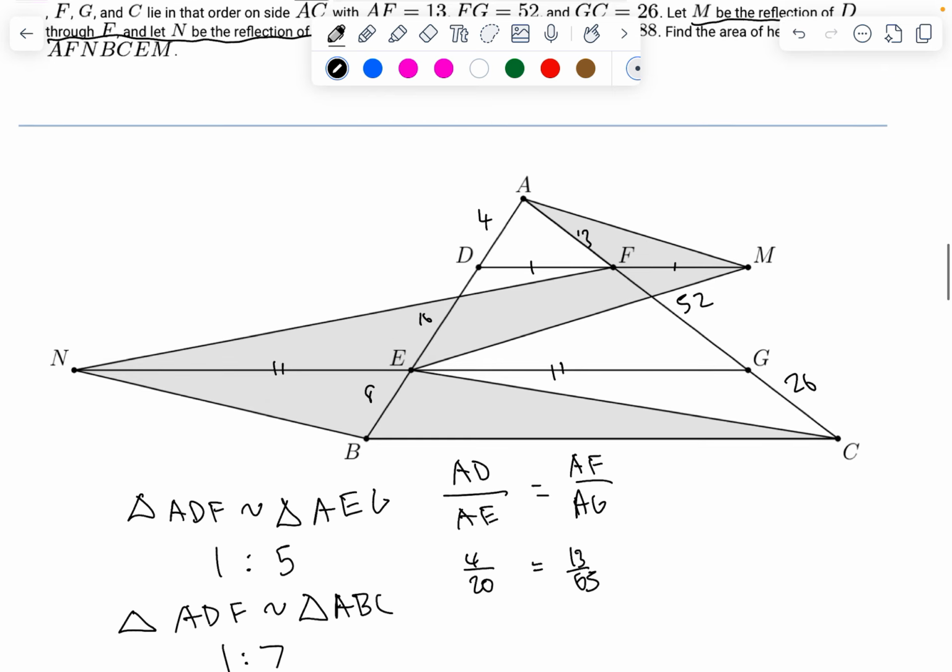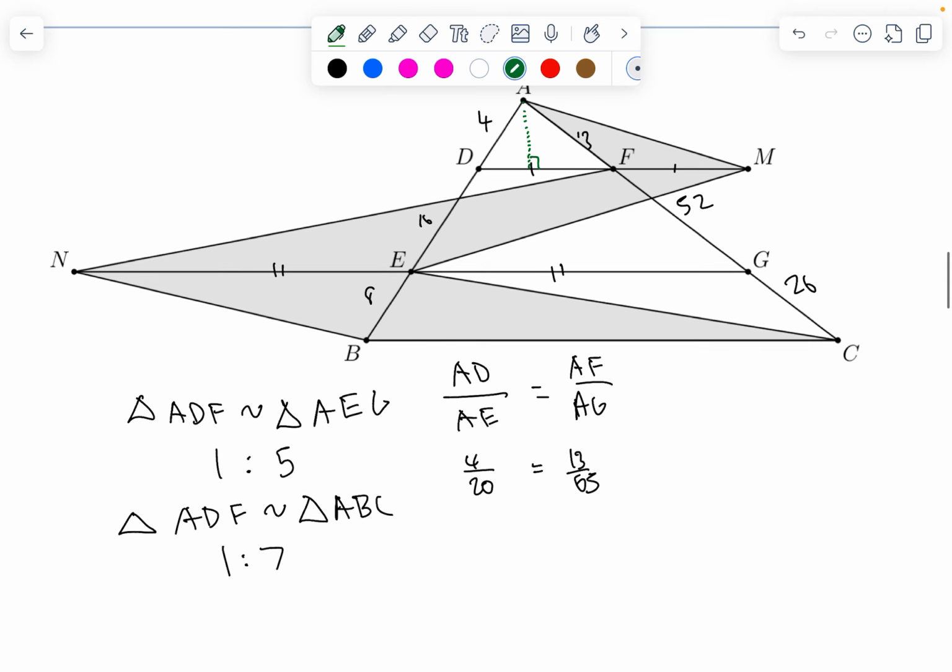One other key thing to notice is that if you draw this perpendicular, we have the same height in AFM as ADF and the same base, meaning that in terms of area, ADF will equal AFM.